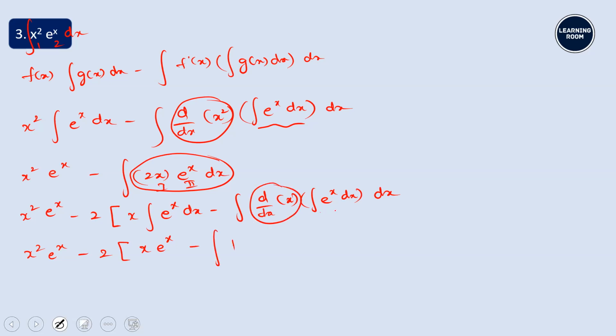Integral of 1 into integral of e power x, which is e power x, and you have a dx. So the final answer will be x square e power x minus 2x e power x, and minus of minus will be plus 2 into integral of e power x, which is e power x. So this will be the required answer: x square e power x minus 2x e power x plus 2 e power x plus c.